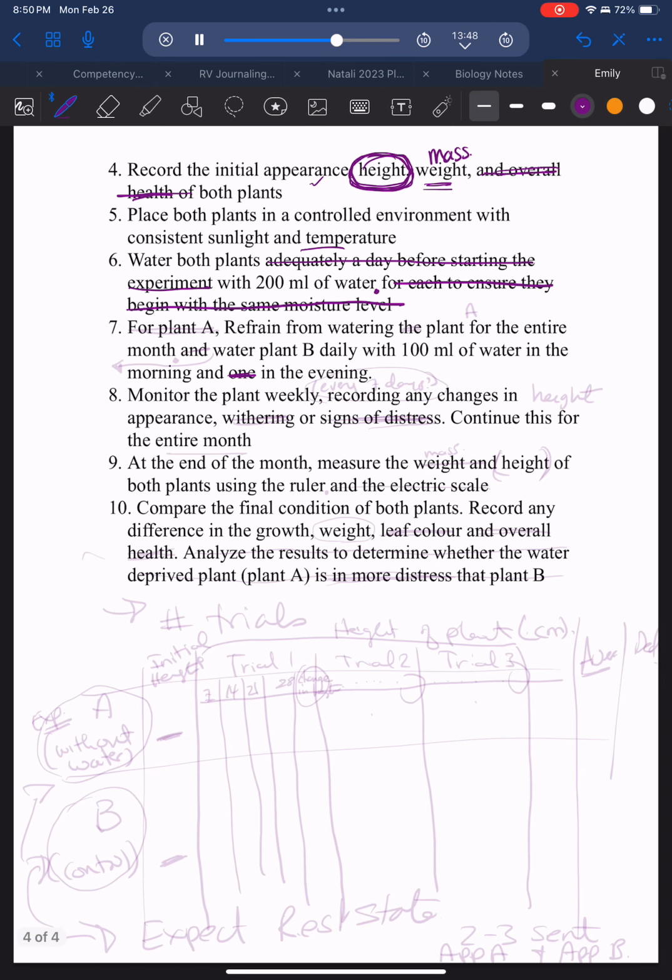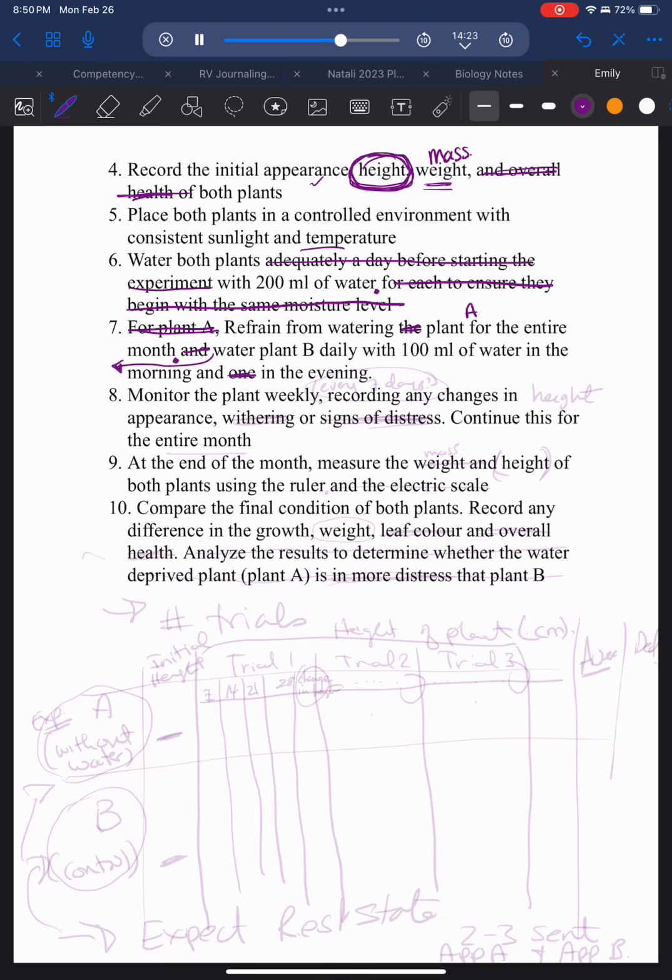So for plant A, refrain from watering. Maybe you can change this: refrain from watering plant A for the entire month, full stop. Then this could go as a next procedure.